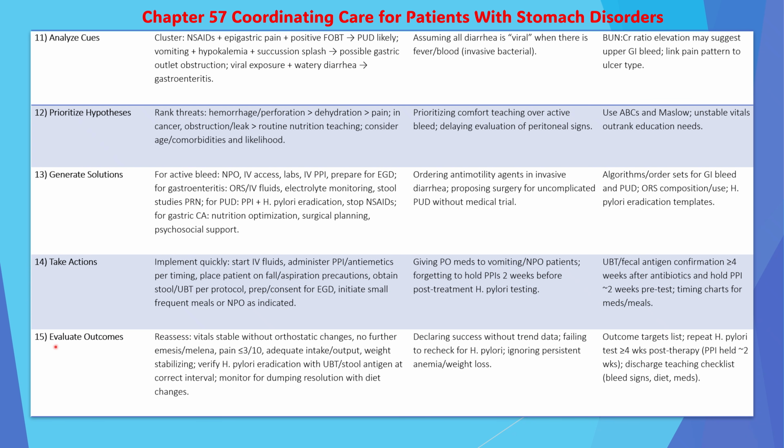Here you see evaluate outcomes, so 15 in that candidate performance report. There were 15, so I went by 15 of them and give a few examples. So we have generating solutions. Let's see here, for active bleed: NPO, IV access, labs, IV PPIs, prepare for EGD.